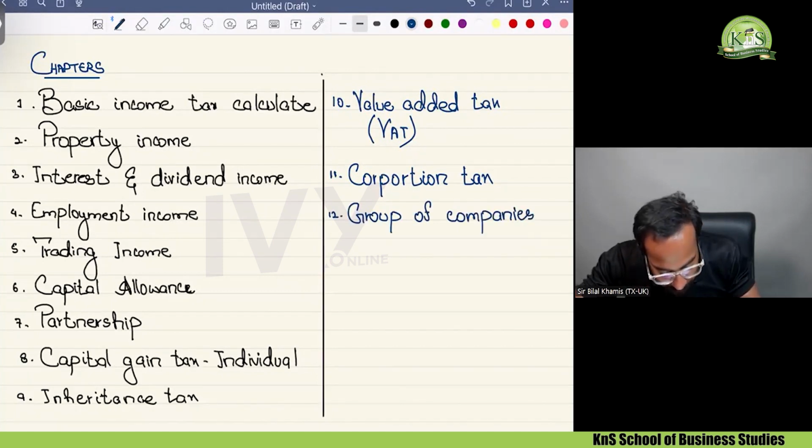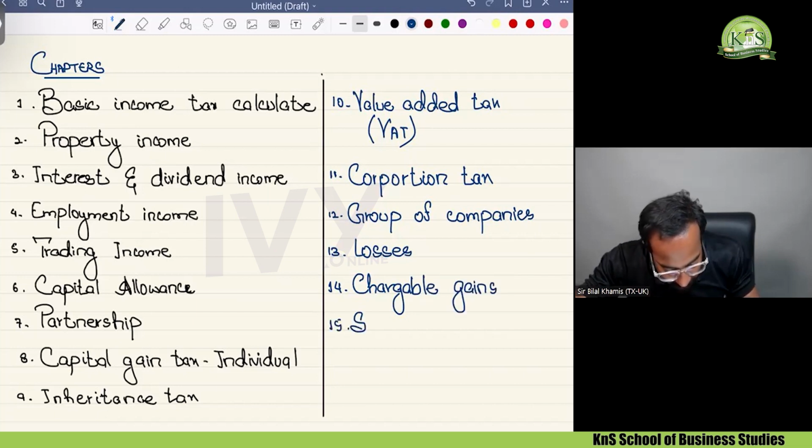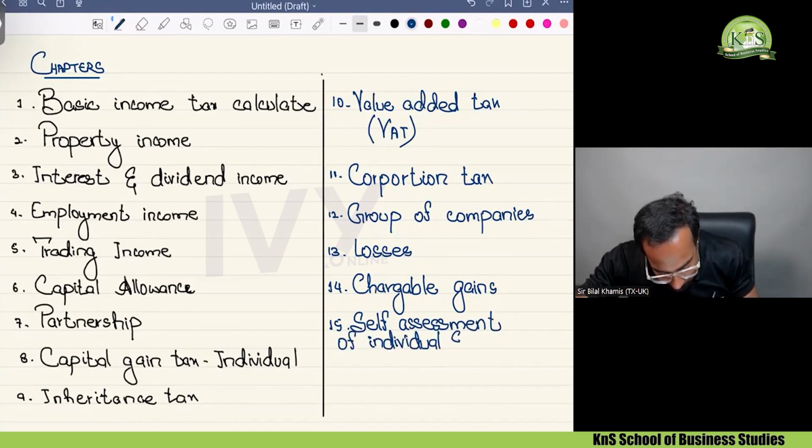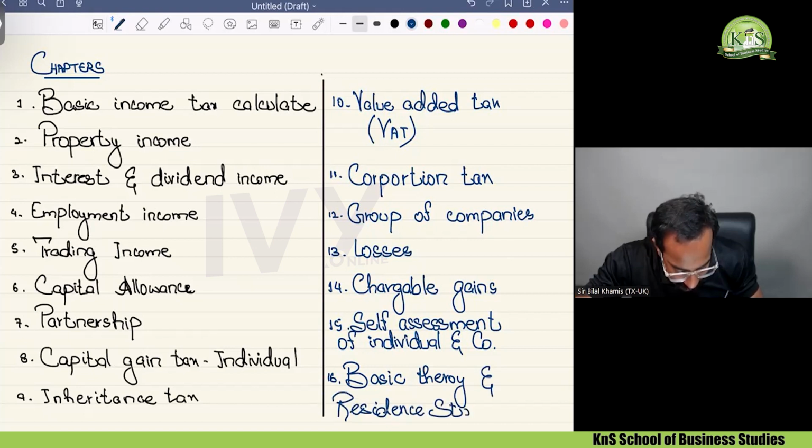Then losses. After that, chargeable gains. Then self assessment of individual and company. Then basic theory and residence status. So these are the chapters.